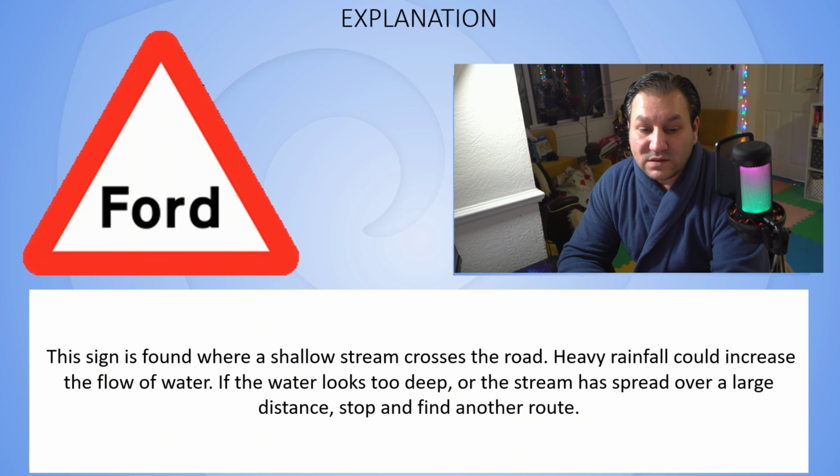Explanation. This sign is found where a shallow stream crosses the road. Heavy rainfall could increase the flow of water. If the water looks too deep or the stream has spread over a large distance, stop and find another route.